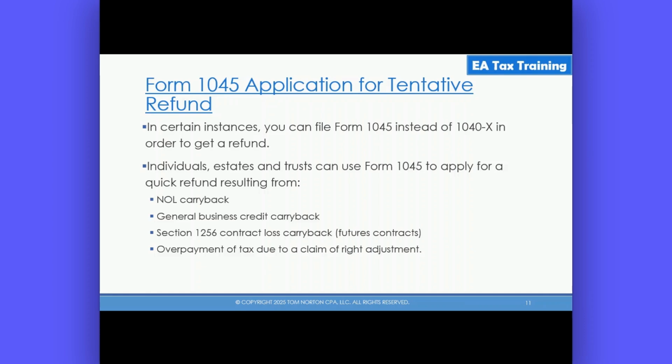This can be used by individuals, can also be used by estates and trusts to apply for a quick refund that results from a net operating loss carryback, a general business credit carryback, a Section 1256 contract loss carryback, or an overpayment of tax due to a claim of right adjustment. So if you have any of those, you can use Form 1045, and at least in theory, that should be processed quicker, and you should get your refund quicker than using the Form 1040X.